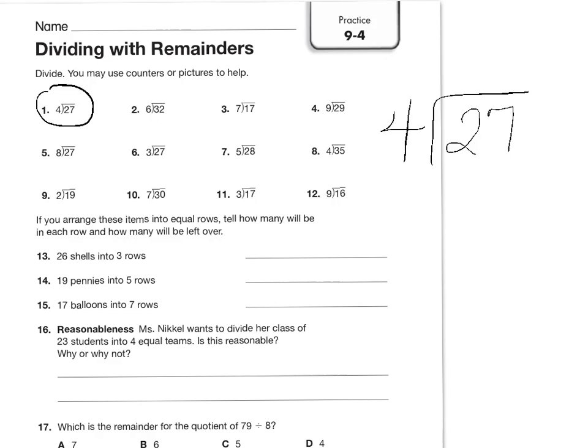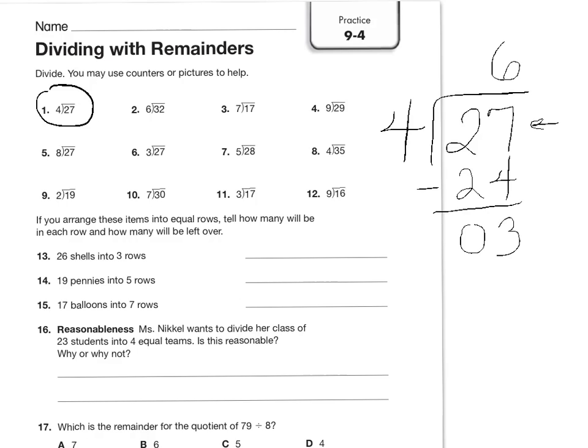And now that I know that 6 4s go into 27 without going over, which are 24, I write that number below my dividend of 27. I'm going to take this piece from my 27 and see what I'm left with. 27 minus 24: 7 minus 4 is 3, 2 minus 2 is 0.